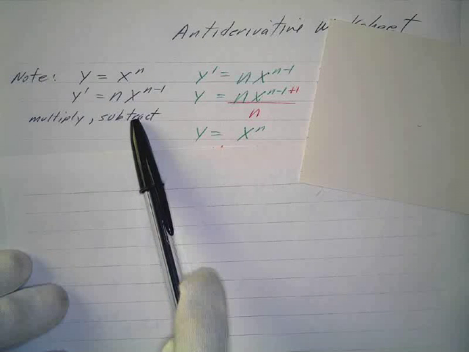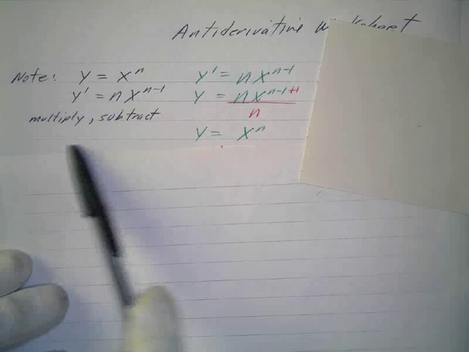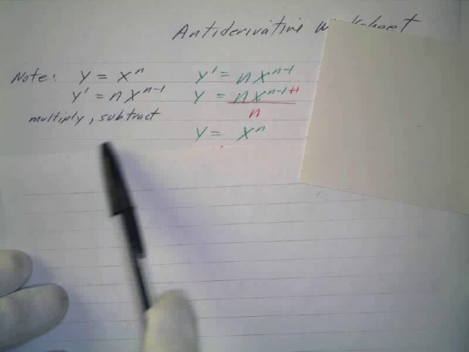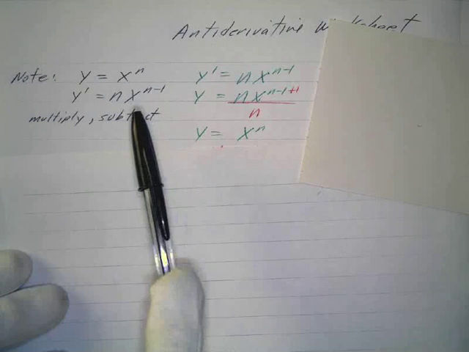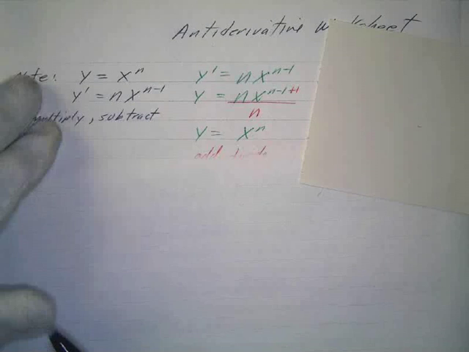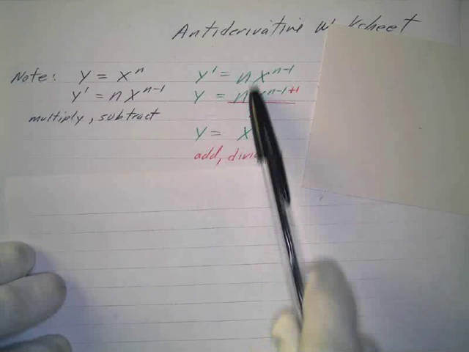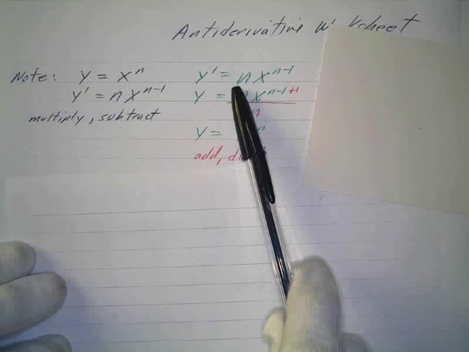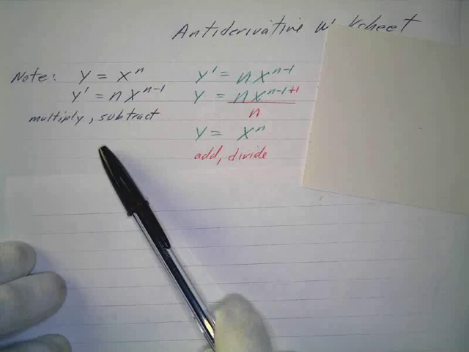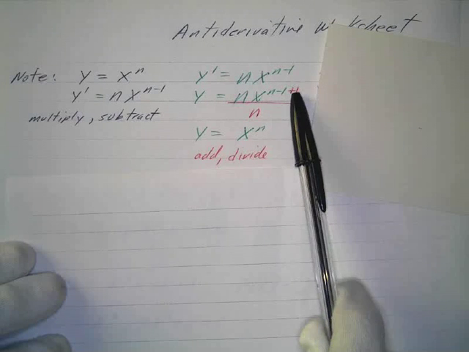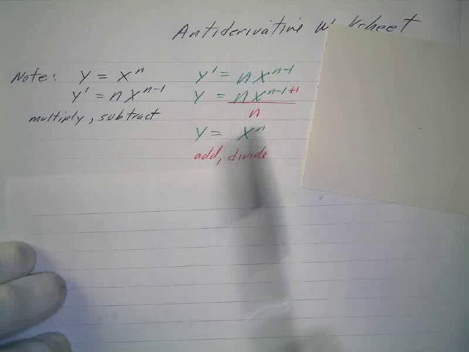So if we go opposite, and kind of reverse our direction and negate these things, multiply, subtract, we would add and then divide. So instead of subtracting 1, we would add 1 and then divide by the exponent.